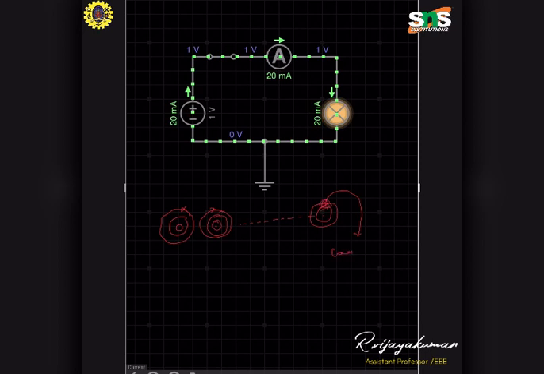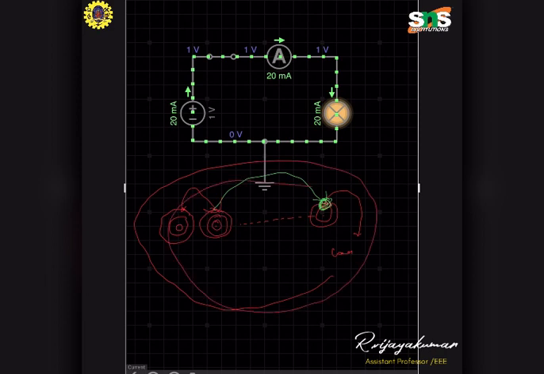To fill this hole, another electron jumps from one direction to another. Again, another electron jumps in. This process continues from one atom to another. This is how the current moves.